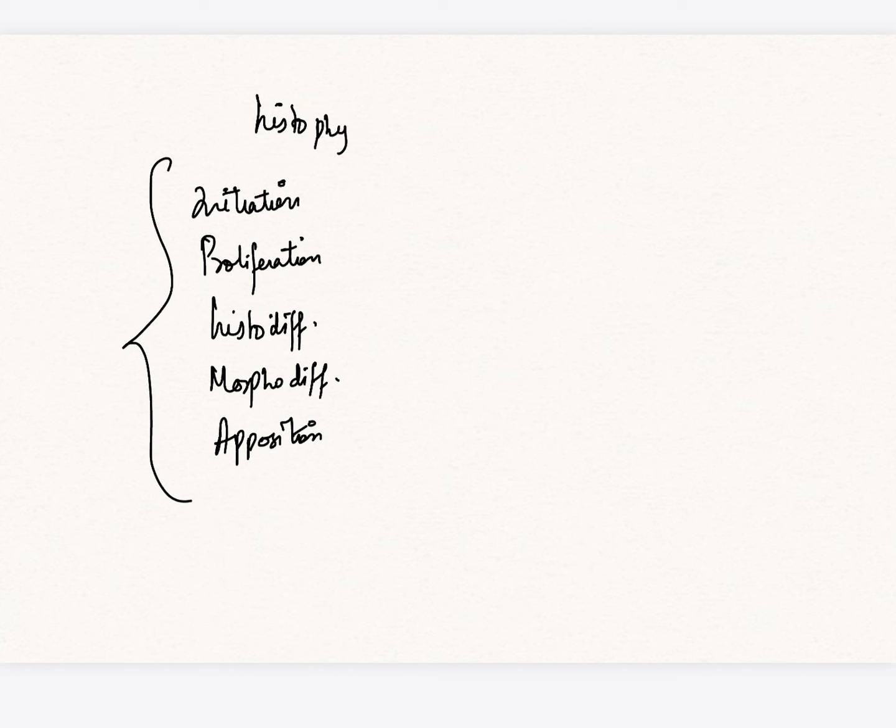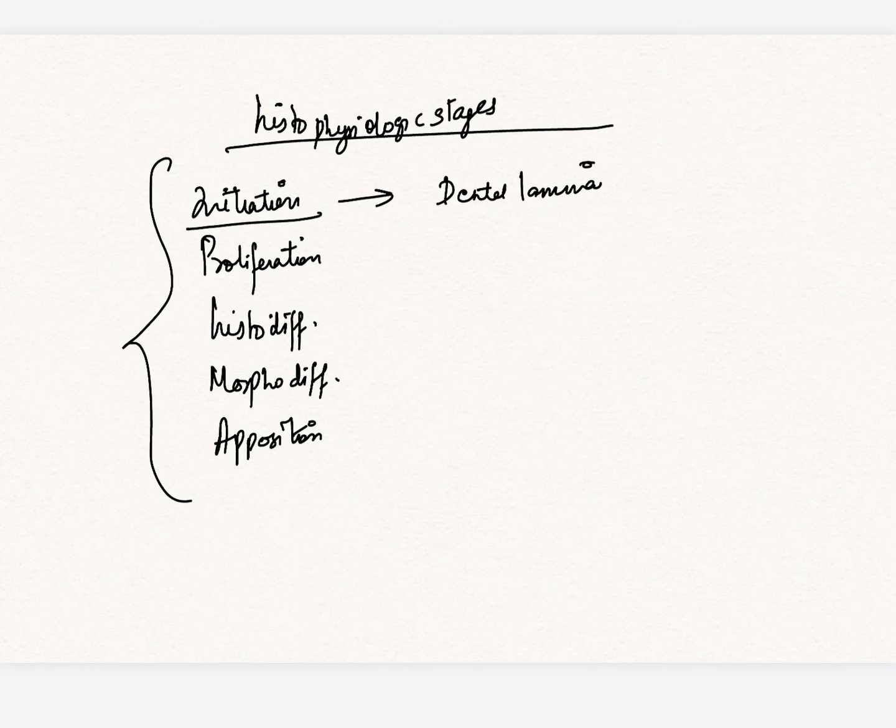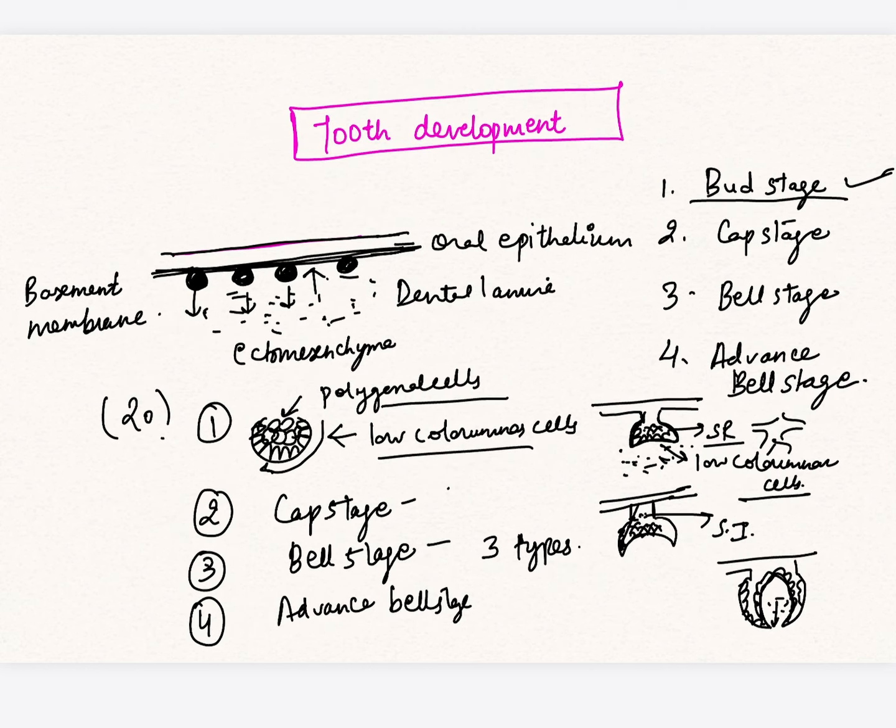This is the histophysiological stages. So the initiation, the first stage, coincides with the first stage of the tooth development, that is formation of dental lamina. As I have already told, first the oral epithelium, then dental lamina is formed. In the first stage, bud-like shape is formed.